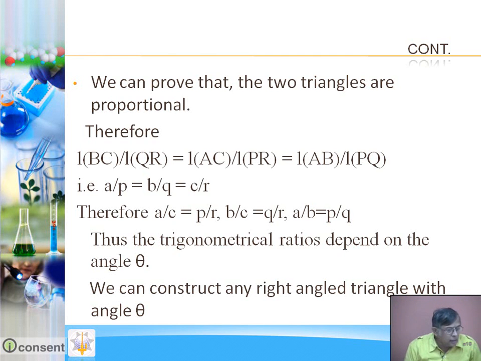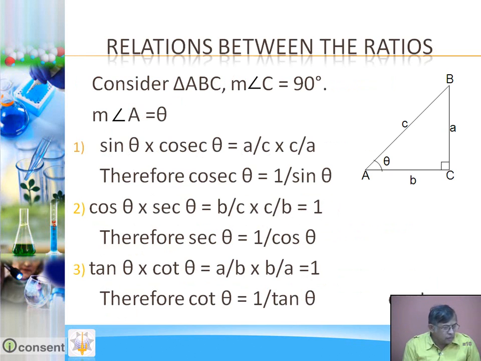Now, let us see the relation between all these ratios. Relations between the ratios. Consider triangle ABC. Measure of angle C equal to 90 and measure of angle A is theta. That symbol is known as theta. Now sin theta into cosec theta.